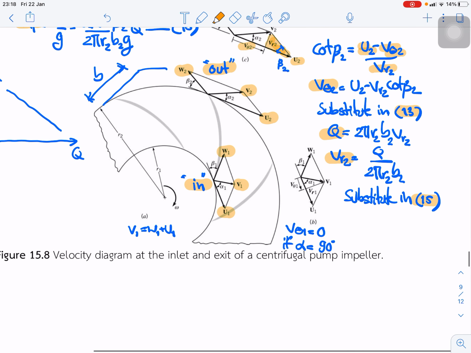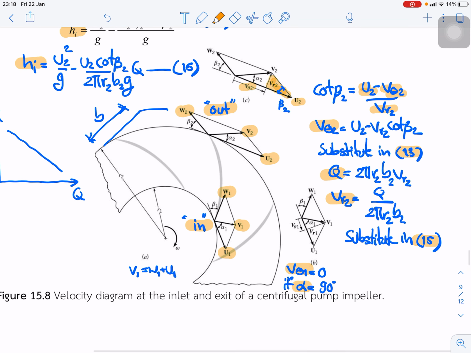For inflow, normally V theta 1 is 0, which means alpha is 90 degrees. We assume that there is only velocity perpendicular to the surface, not tangent.